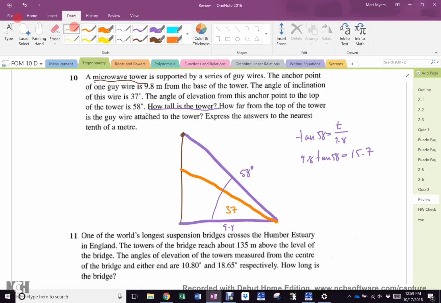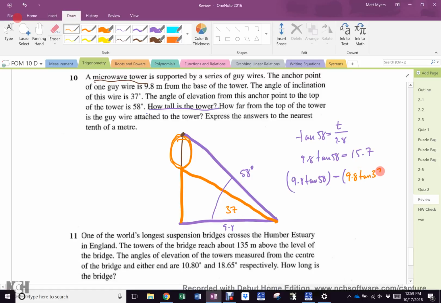Now, I want to know this distance. So isn't that the height of the tower, 15.7, minus the orange height? Of course it is. So, how should I do it to get the best answer possible? Should I use 15.7 or should I use 9.8 tan 58? 9.8 tan 58, all in brackets, minus, what's the orange one? 9.8 tan 37.